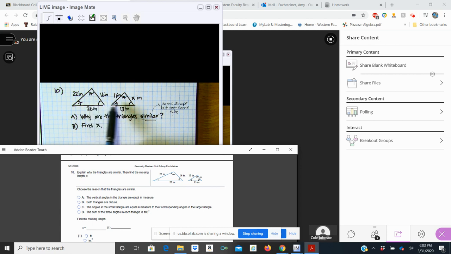So these two triangles have to be similar, because their corresponding angles, or their angle pairs, are equally paired.